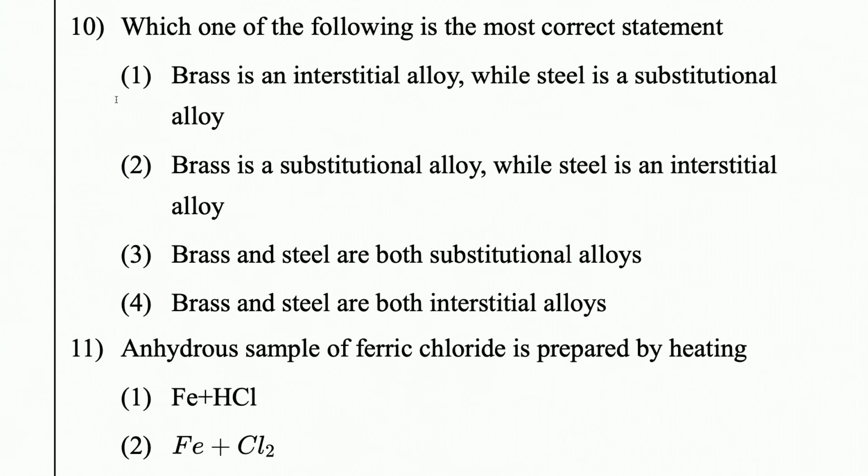So, which of the following is the most correct statement? Once you go through the examples, option 2 says brass is a substitutional alloy while steel is an interstitial alloy, because steel contains carbon. Cast iron, wrought iron, pig iron, different types of irons are there.